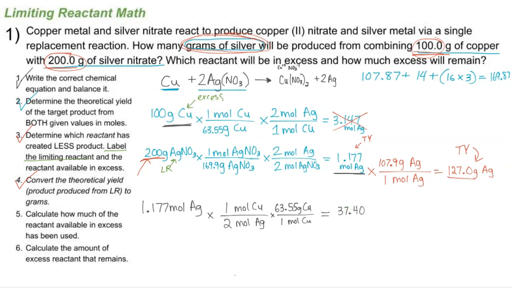And let's just double check that one more time. It's always good to check. It makes sense because it is less than 100. 1.177 divided by 2 times 63.55.